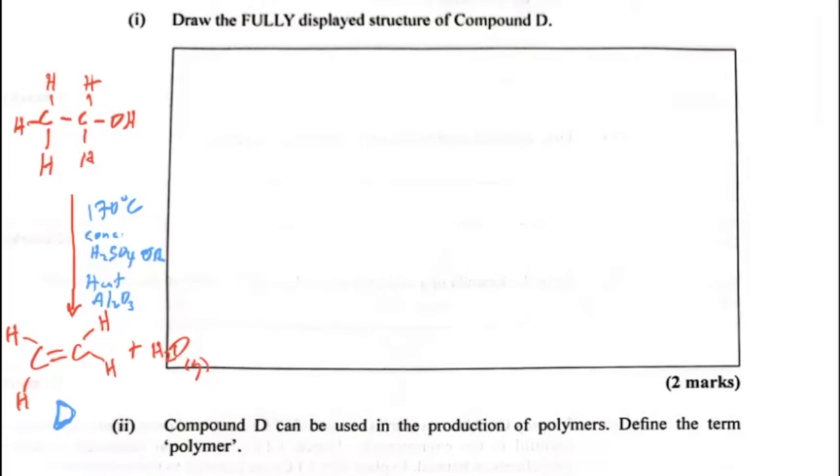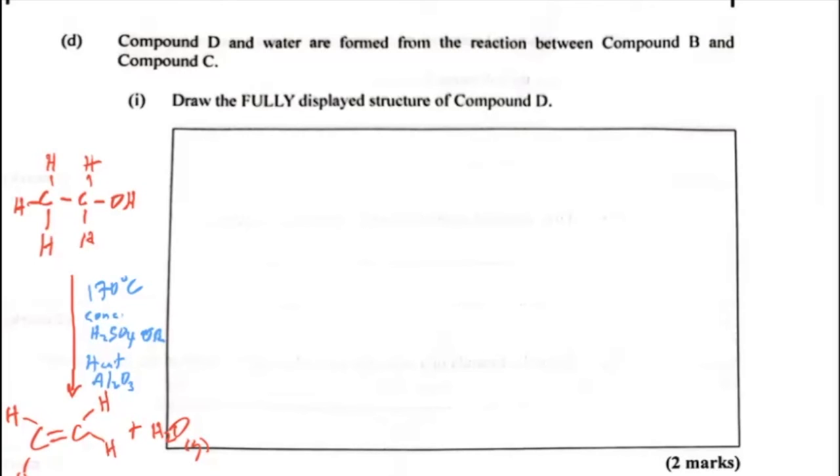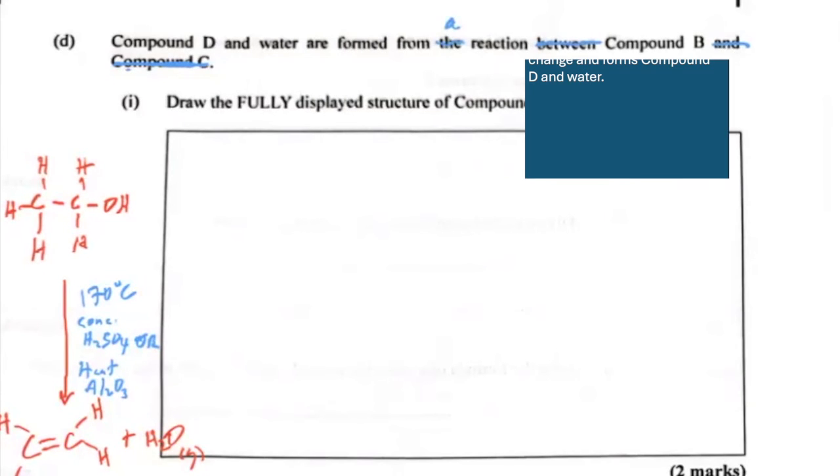If they change it, I think it should have been: compound D and water are formed from a reaction of compound B, but not a reaction of compound B and C.